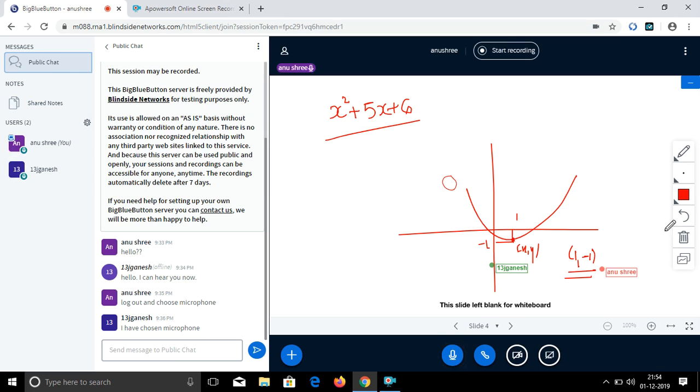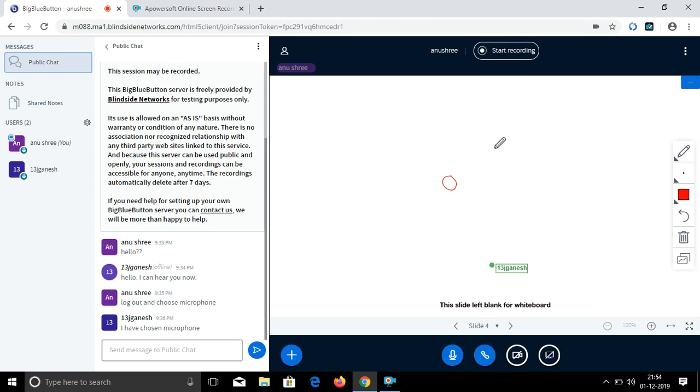Okay, now I've plotted this equation: x squared minus x minus y. This is a new equation. Yes.